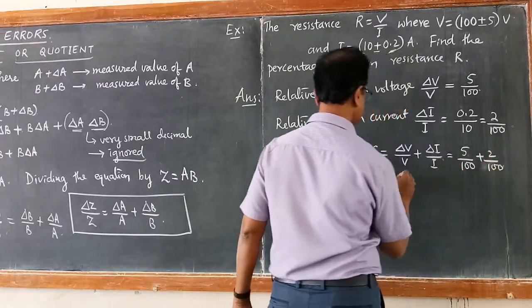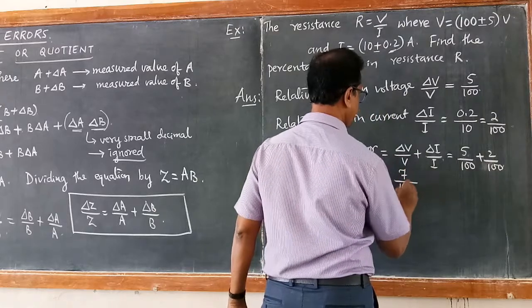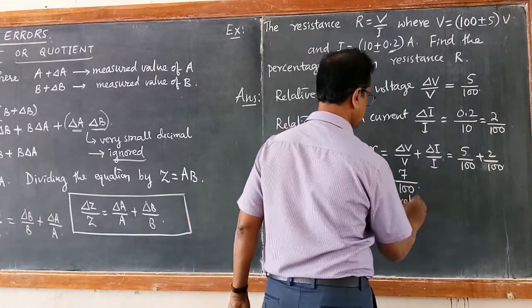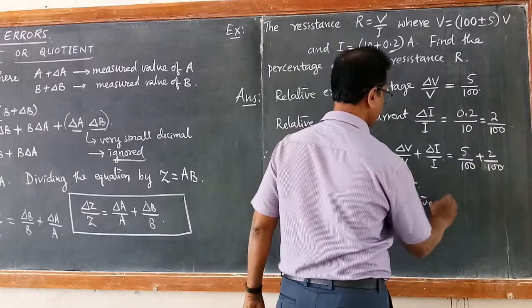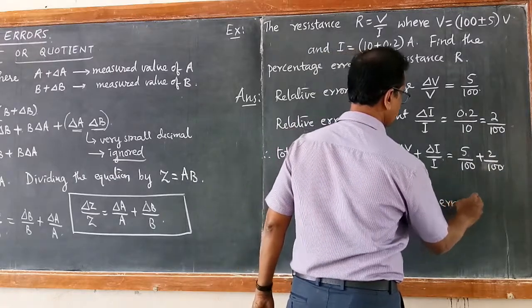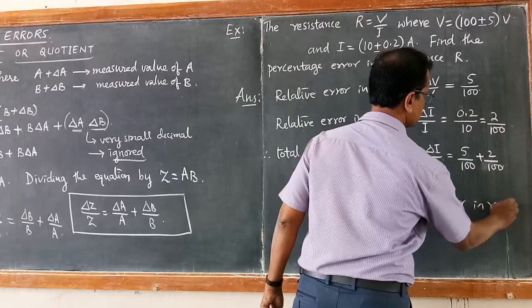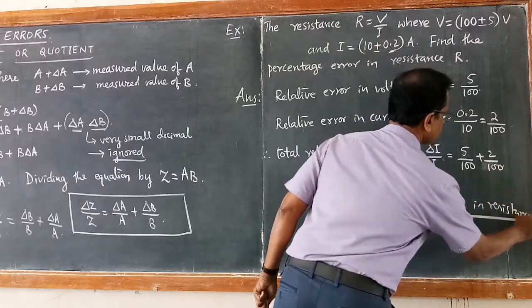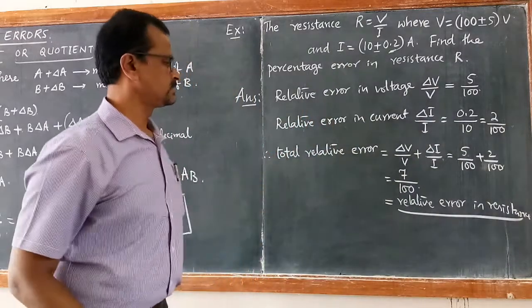So this becomes 7 by 100. This itself is the relative error in the result, that is, resistance.